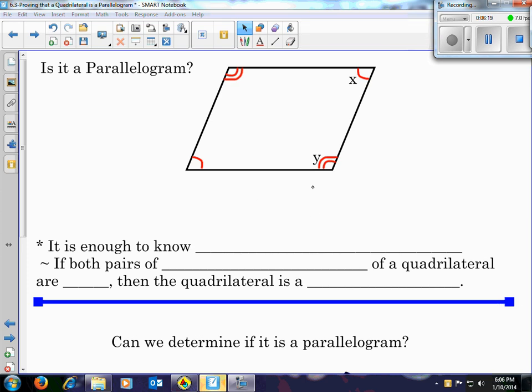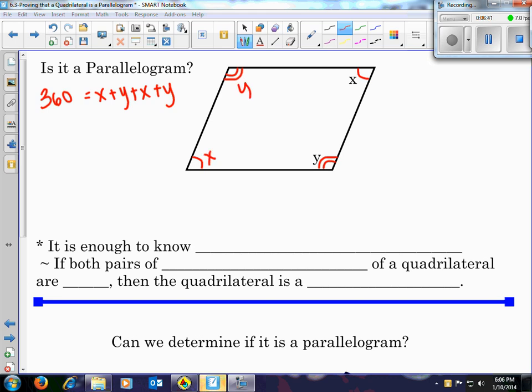Now, the total degrees of a quadrilateral is 360 degrees. So I'm going to say 360 is equal to x plus y plus x plus y. The reason I can say this is that since this angle has one mark and this angle has one mark, they are both x, and same for these ones, so this is y.